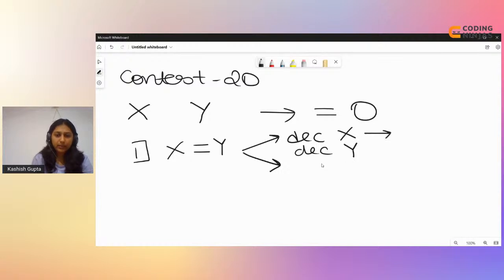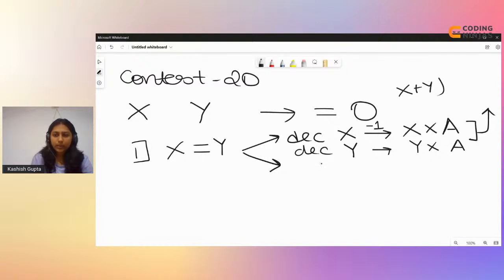To make x 0 by decrementing by 1, you need to do x operations, and doing this alone will cost you a each, and this will cost you y into a. So the total cost will be, since x is equal to y, x plus y into a, or 2x into a. Same thing because they are equal.